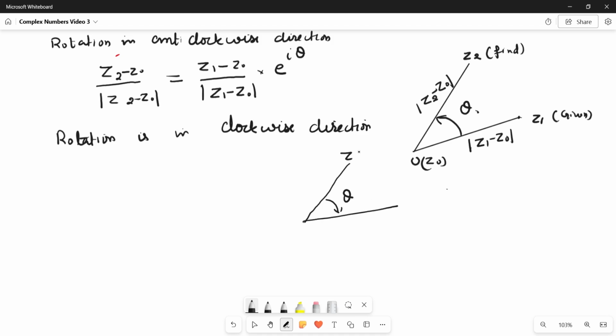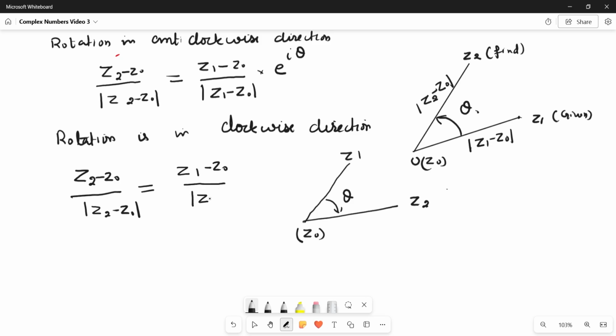This is Z1, this is Z2, and this point is a point of rotation. So the formula will be Z2 minus Z0 divided by modulus of Z2 minus Z0 is equal to Z1 minus Z0 divided by modulus of Z1 minus Z0 into e raised to the power minus i theta.